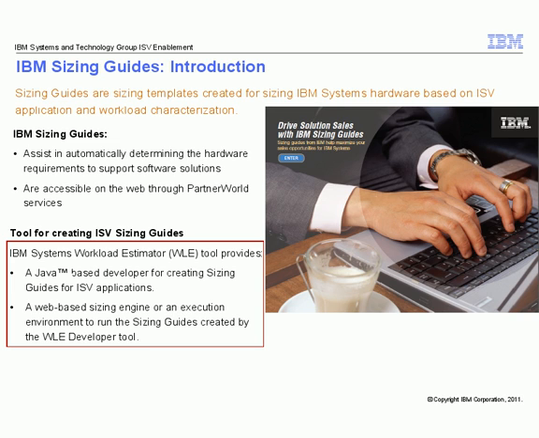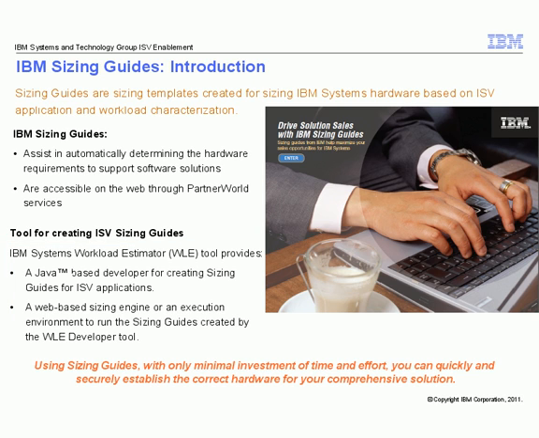This web-based sizing engine provides a running environment for building the sizing guides to deliver customized hardware recommendations on current IBM hardware. With only a minimal investment of time and effort, you can use the sizing guides to quickly and securely establish the correct hardware for your comprehensive solution.